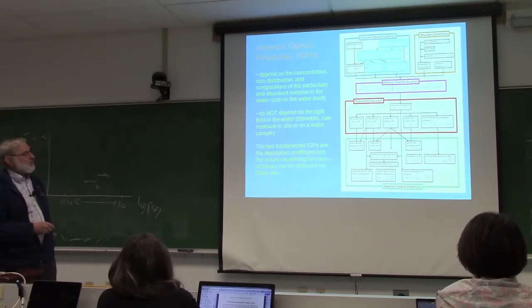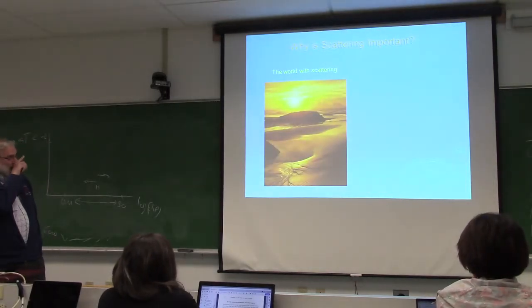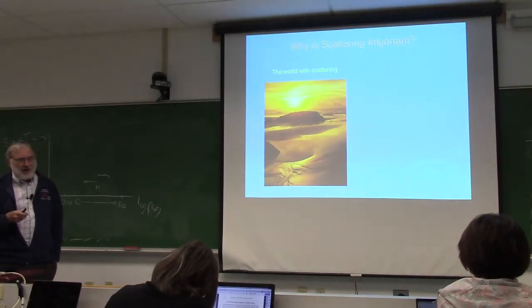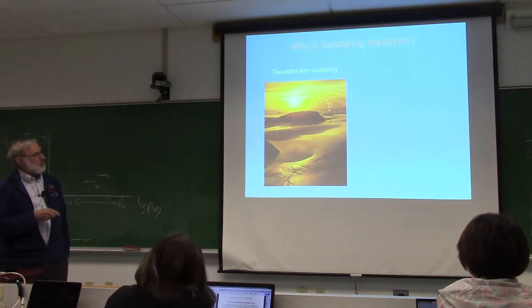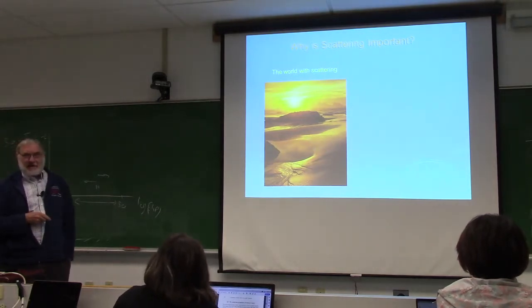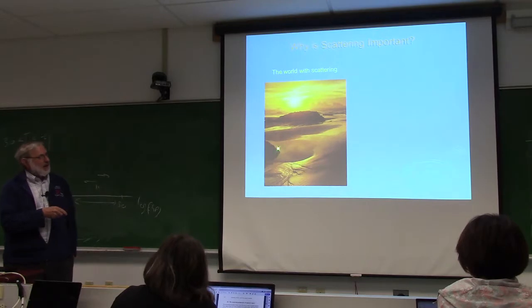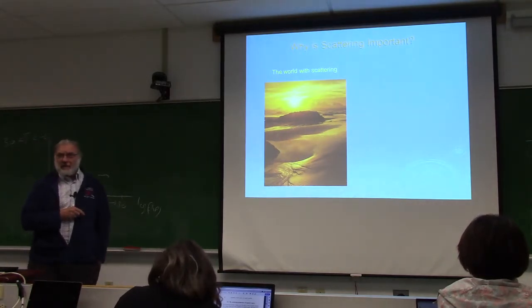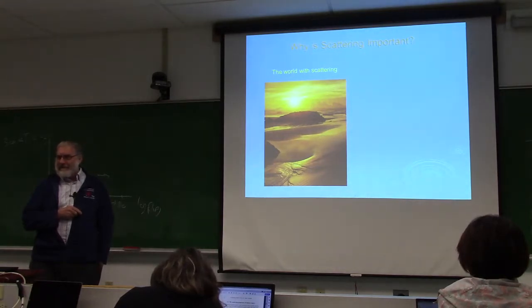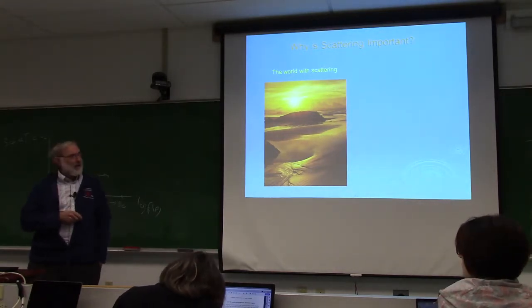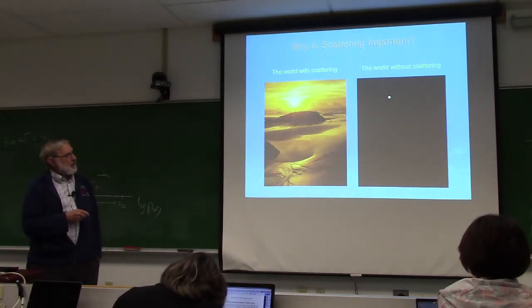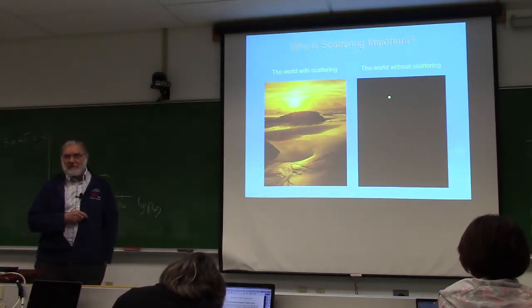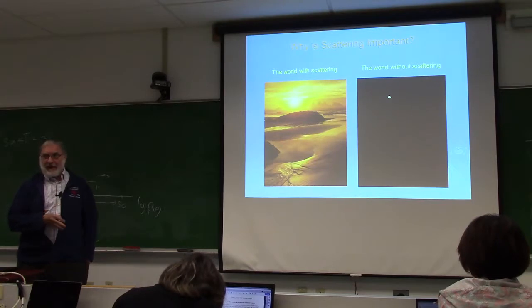So you can take a sample, go in the laboratory, measure absorption, measure scattering. Okay, so here's a question. Why is scattering important? Well, here's what the world looks like if you have scattering. What would the world look like here in this picture of the sunset at the Oregon beach if there were no scattering? What would you see there? Yeah, you would see the sun's direct beam attenuated by absorption, and that was it.